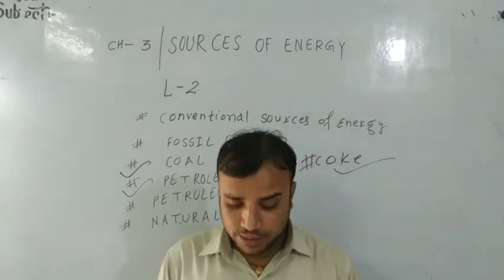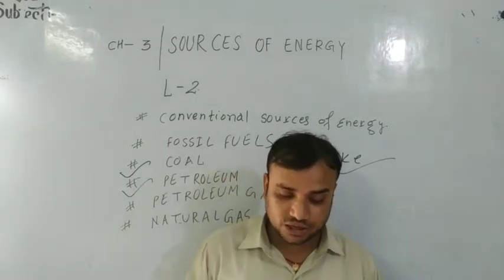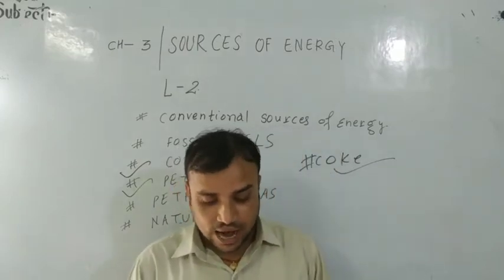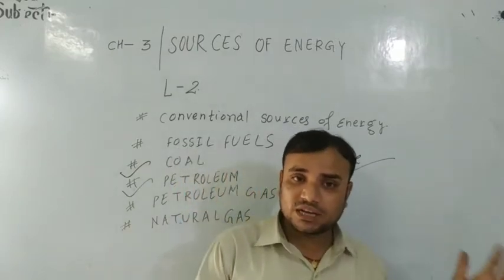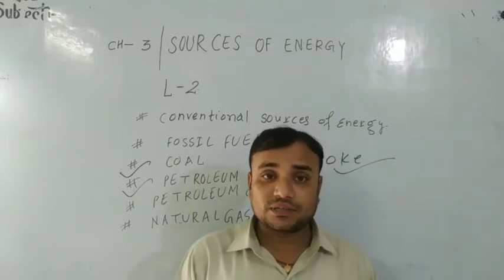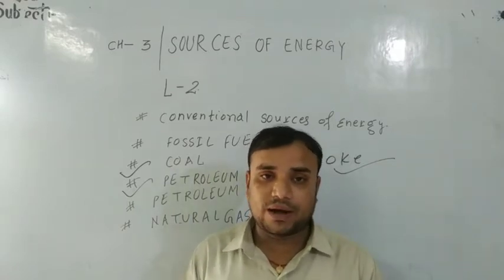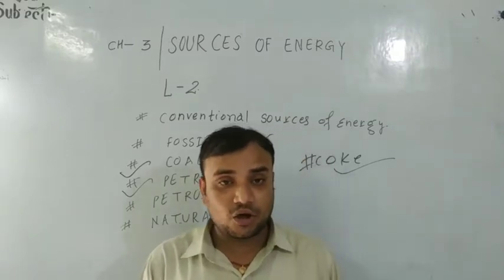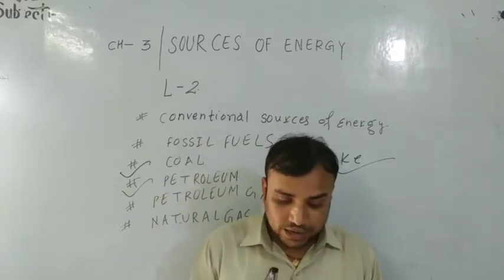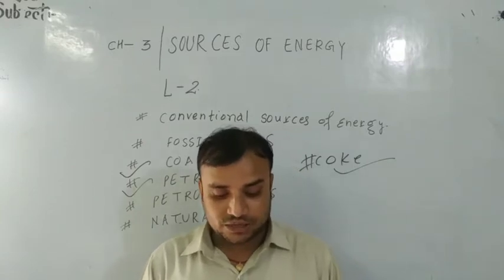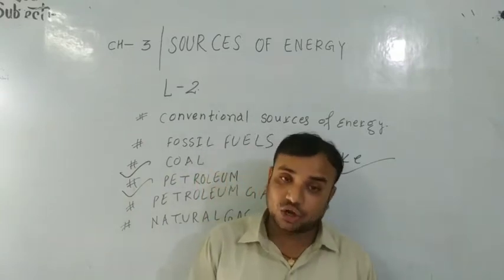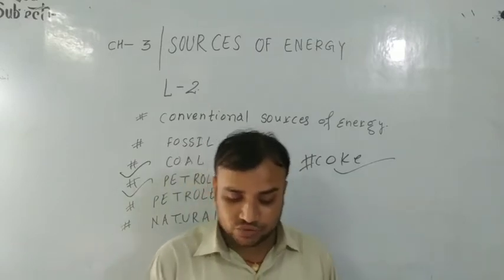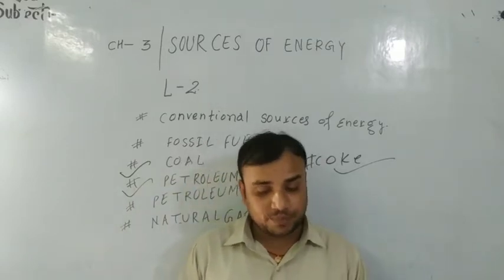The crude oil petroleum is a complex mixture of several solid, liquid and gaseous hydrocarbons. Hydrocarbons we will study in chemistry. A hydrocarbon is that type of compound which is made up of hydrogen and carbon, such as methane, ethane, etc. The crude oil petroleum is a complex mixture of several solid, liquid and gaseous hydrocarbons mixed with water, salt and earth particles.